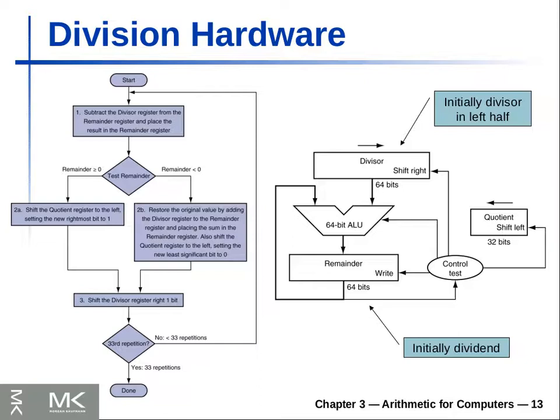So the divisor, how many bits are in the divisor? 64. Right, so up on the board it's 64. We're dividing a 4-bit number into an 8-bit number. So the divisor in this case, what was it going to be? I always forget.